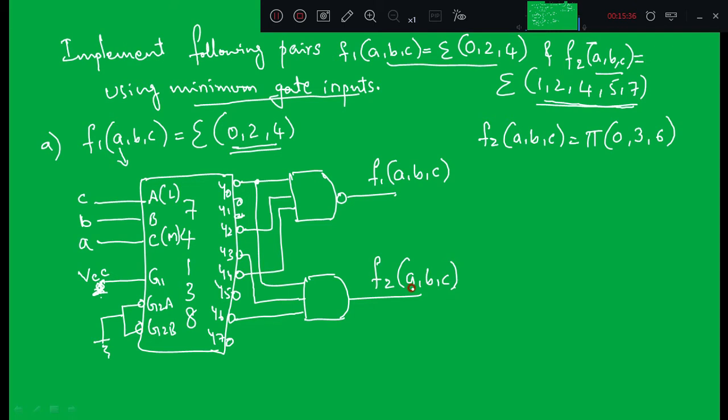So you can take your own functions and start implementing them using 74138 and 74139, and you can also use the converted decoders. We have seen how to convert the 74139 decoder, which is a 2:4 decoder, into a 3:8 decoder, and we also converted the 74138, which is a 3:8 decoder, into a 4:16 decoder. So take some more examples on your own and solve them using different decoders.